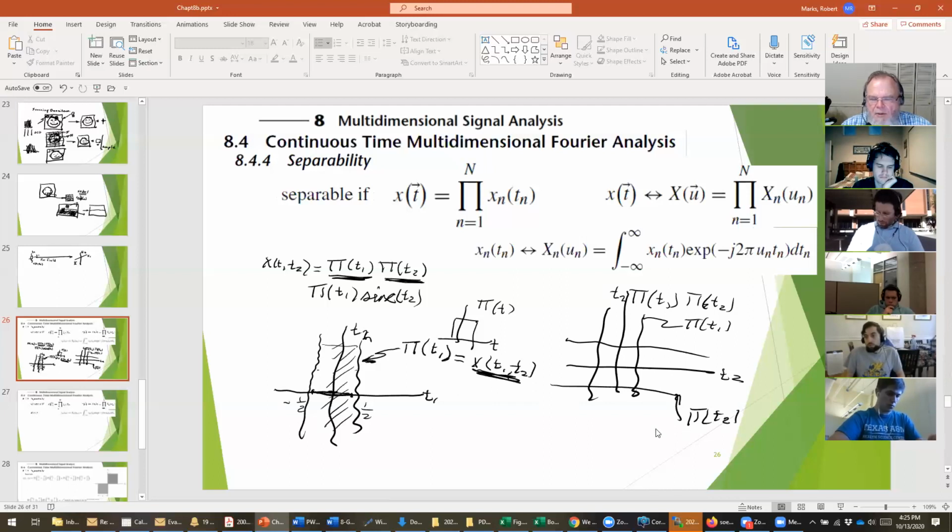And I think you can see the only place that one or the other function is not zero is in this intersection, right? So the separable function pi of t1 times pi of t2 looks like a little pillbox centered around the origin. And it's a separable function. Why is it separable? Because it can be written as the product of a function smeared one way times the product of another function smeared another way. Okay?